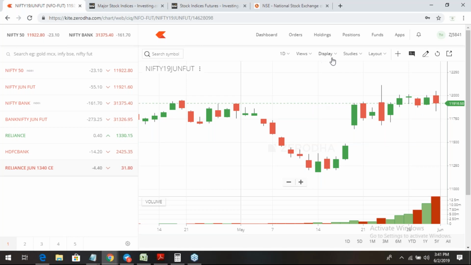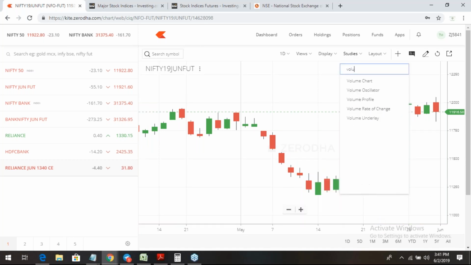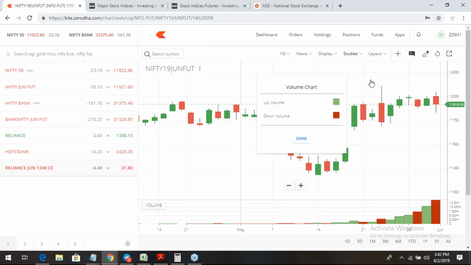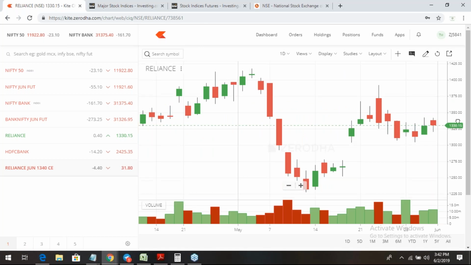It's very simple. Go in studies, put volume. See the volume chart. This is Nifty future, volume chart done. I'll tell you about Reliance stock.